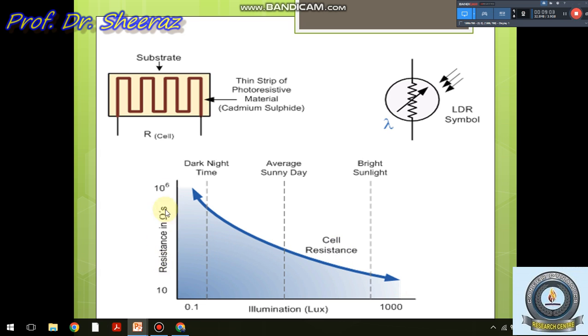The resistance, given on the y-axis, is dropping from 10 to the power 6 to 10 ohm as the illumination goes up. So the LDR is resistance dependent. We can see that the resistance of the device is decreasing from the dark night time to the bright sunlight time, starting from 0.1 lux to 1000 lux. Lux is the unit of light intensity.